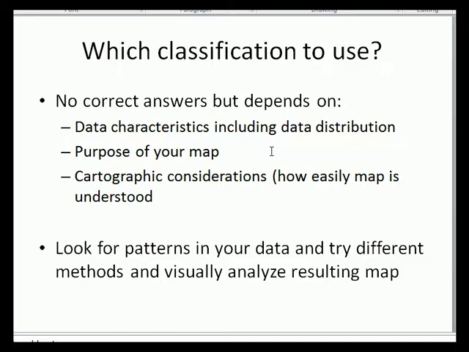With any set of quantitative information, you can choose whichever one of those classification methods you want. And it's one way that we can be misleading, either purposely or not purposely, with maps, because each one will group features differently into different groups.